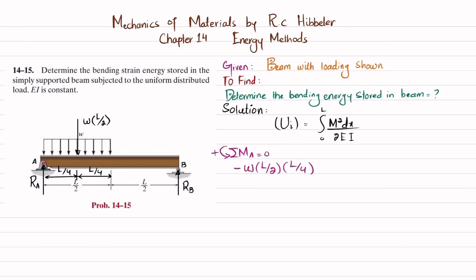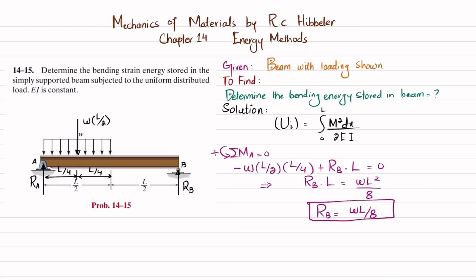The second moment about point A is due to this RB load, and the perpendicular distance is L, and this is producing a counterclockwise moment, so it will be positive. So I will write plus RB times L is equal to 0. From here you will get RB into L equal to WL square over 8, and RB will be equal to WL by 8.